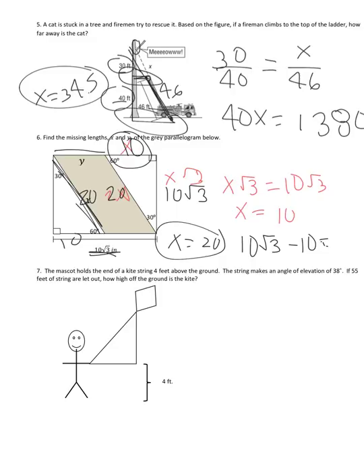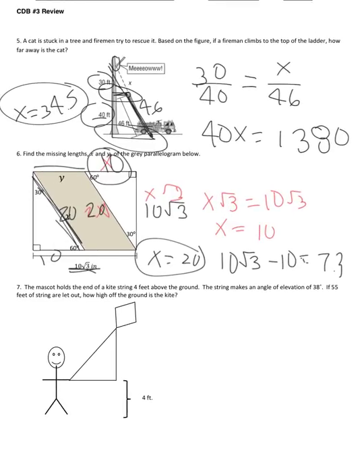So minus 10 leaves you with 7.32. And the square root of 3 is obviously bigger than 7.32. Okay. Again, a problem like this, though, you got to know your special rights, and it depends on what you see on the multiple choice possibilities for the answers.